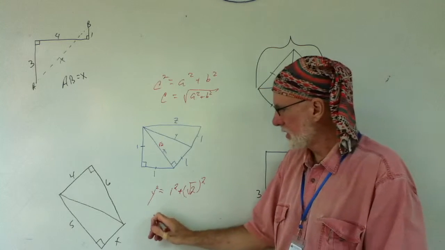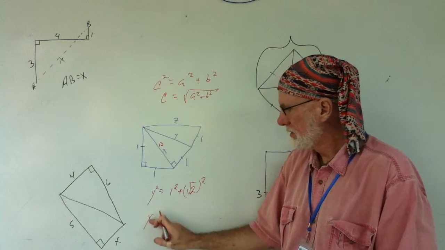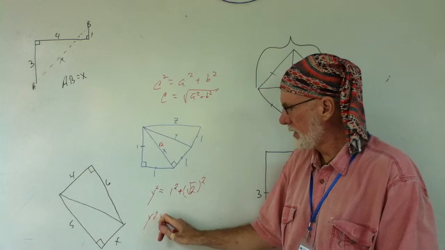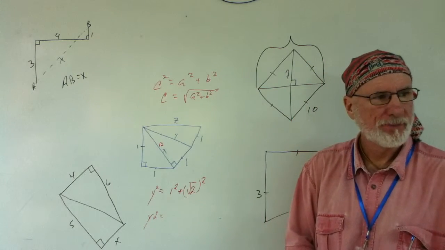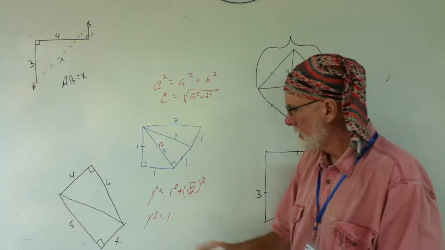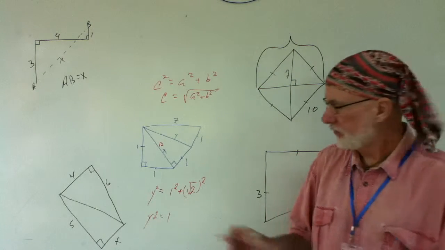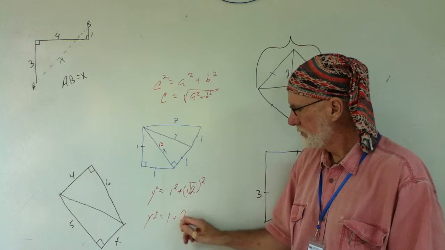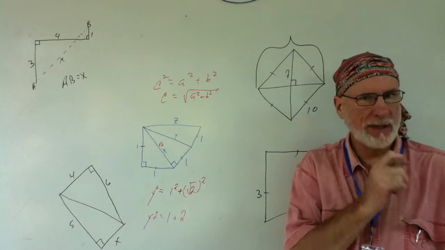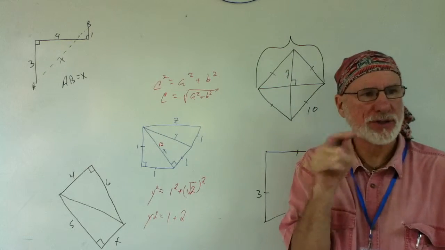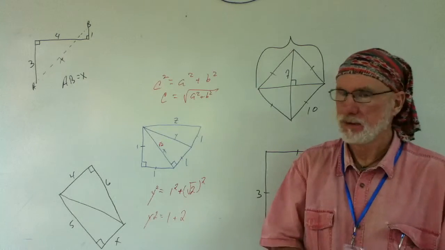All right, let's try this. Y squared equals, what's 1 squared? 1, good. What is root 2 squared? 2. All right, you ready? What is 1 plus 2? You guys are good.